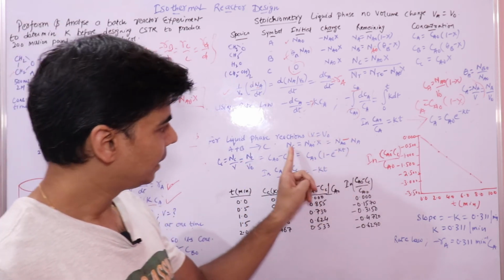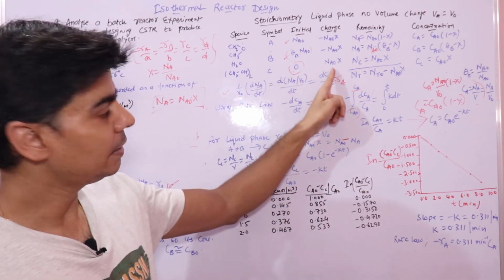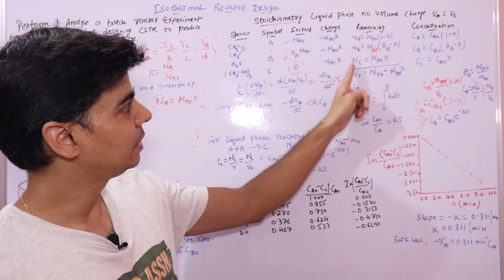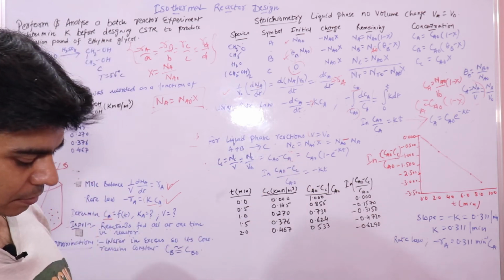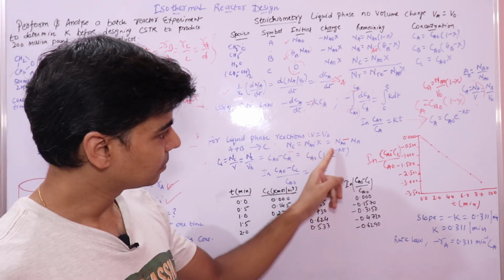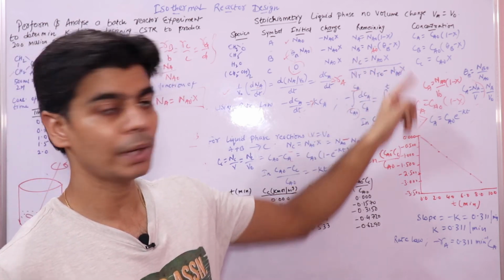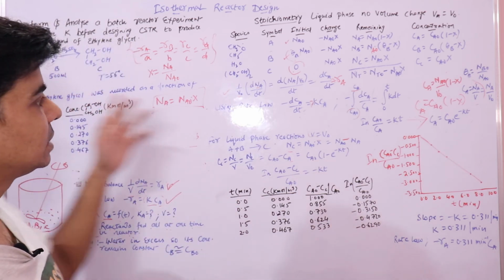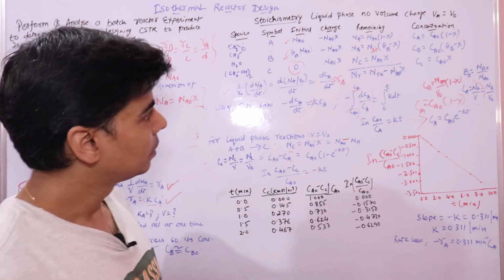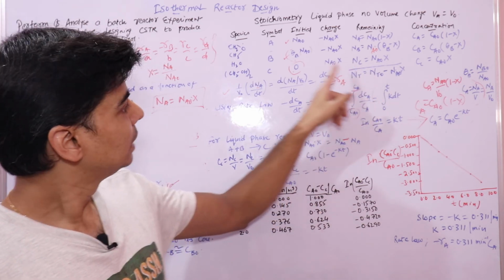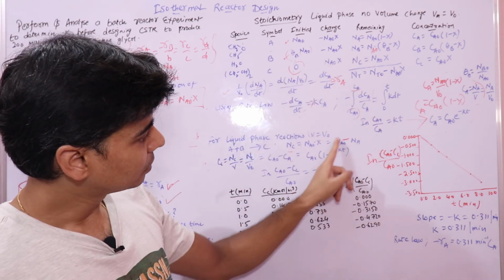From the stoichiometric table, Nc is equal to Na0 X, which is how much has reacted. So that is the initial minus what remains, Na0 minus Na, right?